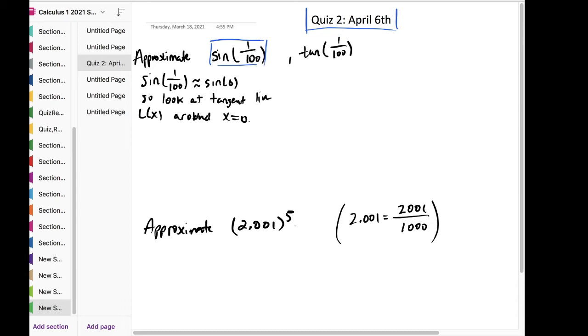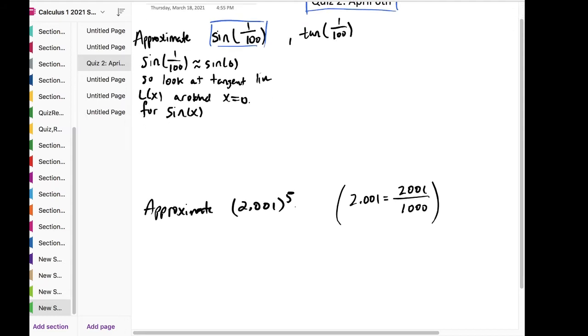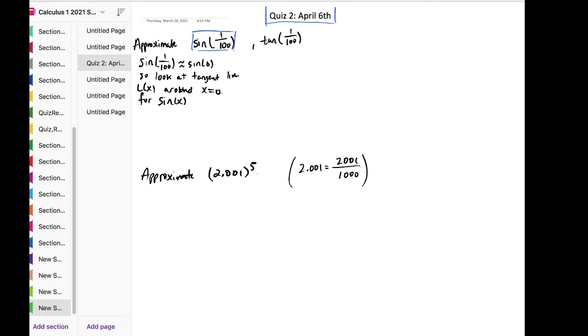Okay, so how do you find the tangent line at x equals 0 for sine? What two things do you need for the tangent line? Or just any line in general? Yep, you need a point, and what else do you need?